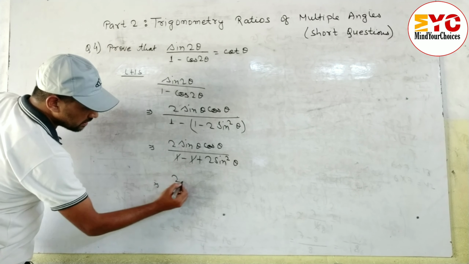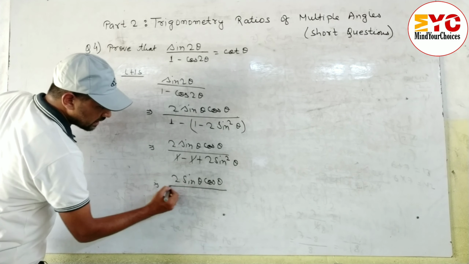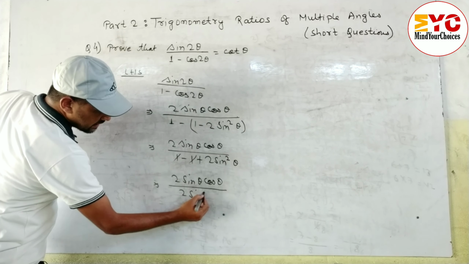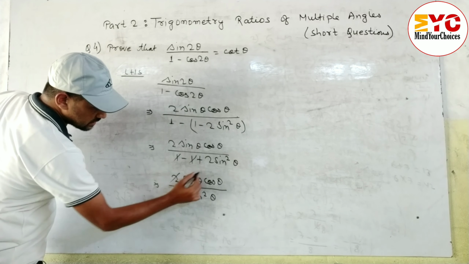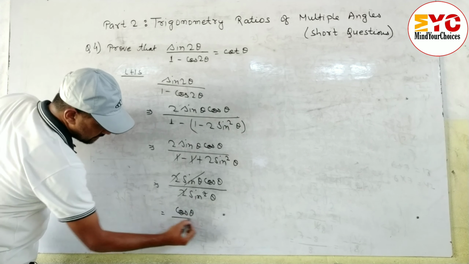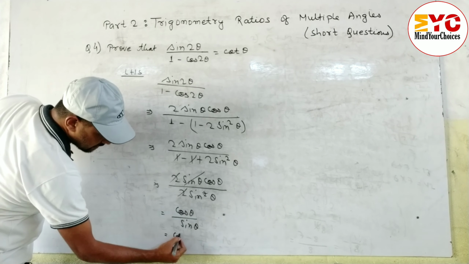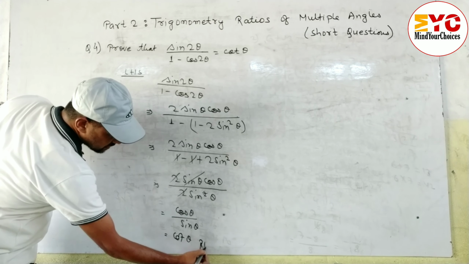So what is remaining here? 2 sin theta cos theta by 2 sin square theta. 2 and 2 cancel. Sin theta and square cancel. So remaining is cos theta by sin theta, and cos by sin you know is cot theta. RHS proved.